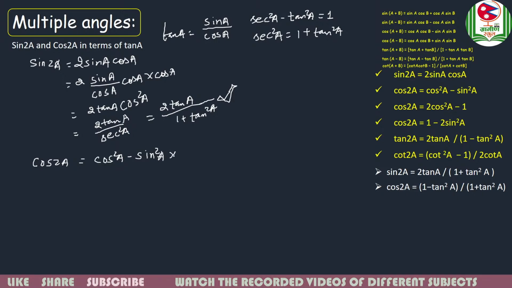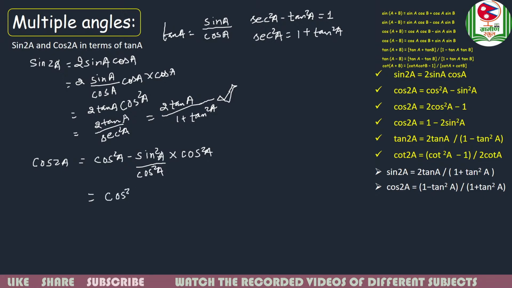So if we divide this sin square only by cos square A, to balance the equation we will also have to multiply by cos square A. Okay. And now we can take common cos square A from both terms.